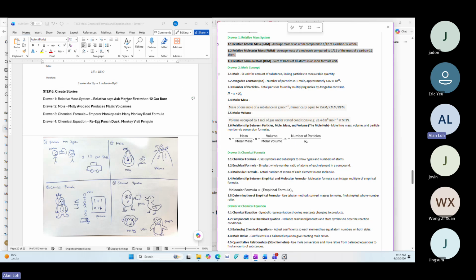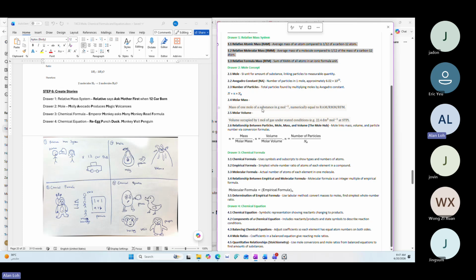Relative says ask mom first when 12 carbon, right? So this is also to help you to remember there is this carbon 12, right? Because carbon sounds like carbon, and 12, of course, represents the 12, right? So I hope this story makes sense. Of course, this is a story that doesn't make sense in terms of logical understanding, but this story makes sense for you to help you to remember what is the key information inside this drawer.